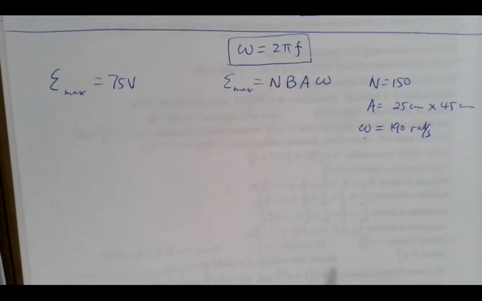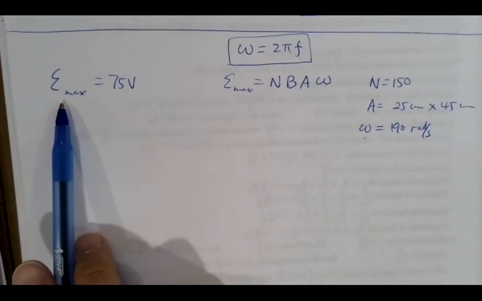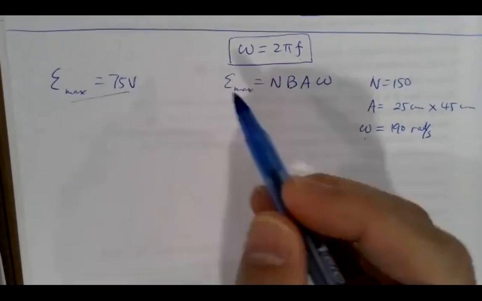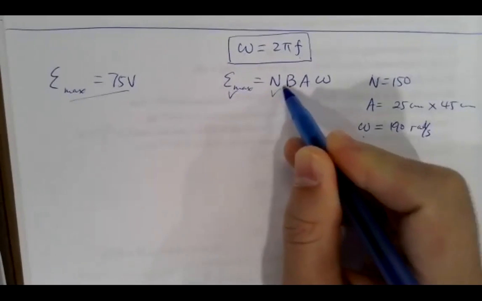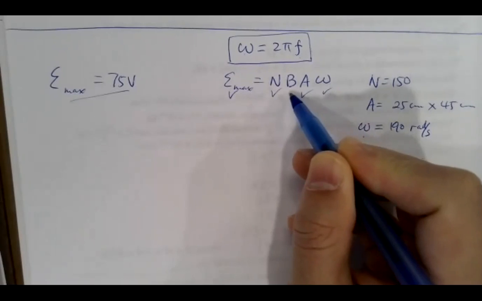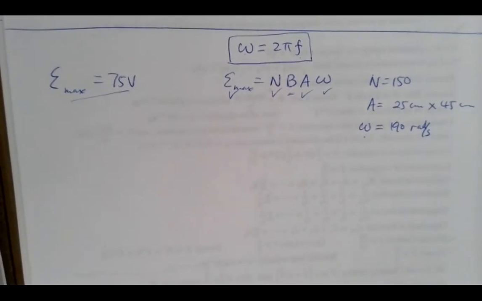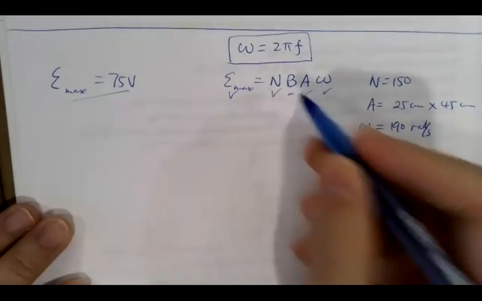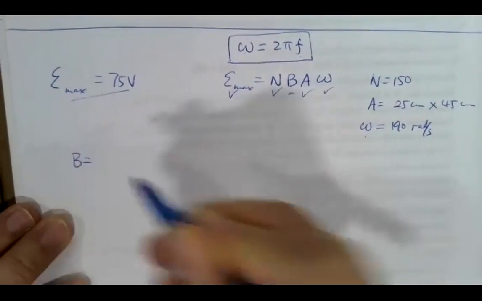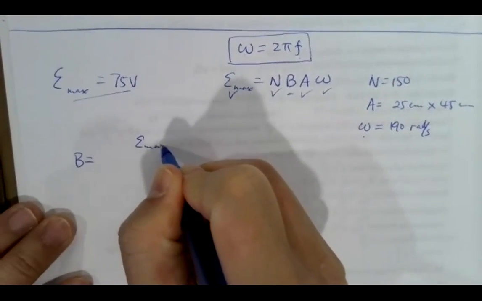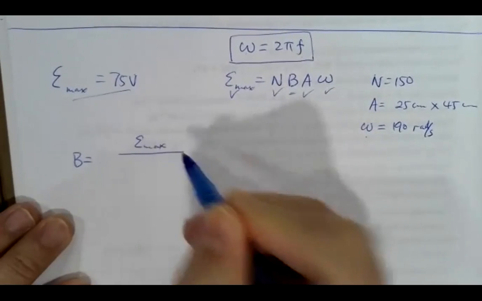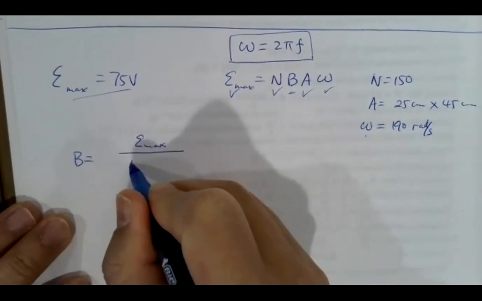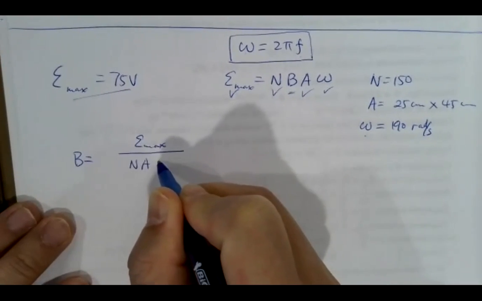All right, so let's take a look at this one here. We are looking for the B field. We know this, this, this, and this, so we can solve for the B field. To solve for B field, you rearrange the terms: it's the maximum epsilon divided by the number of turns times the area times omega.